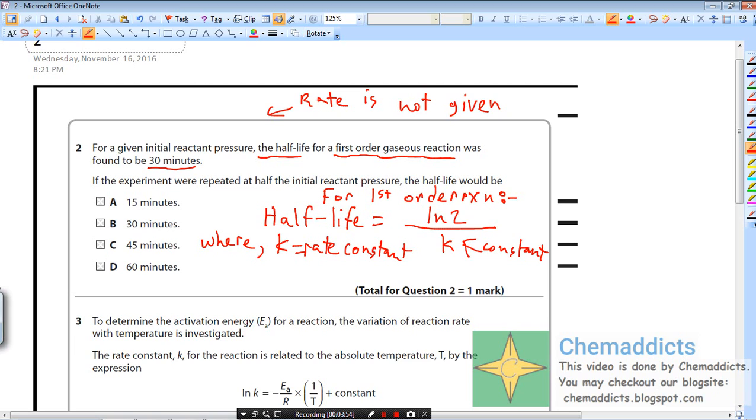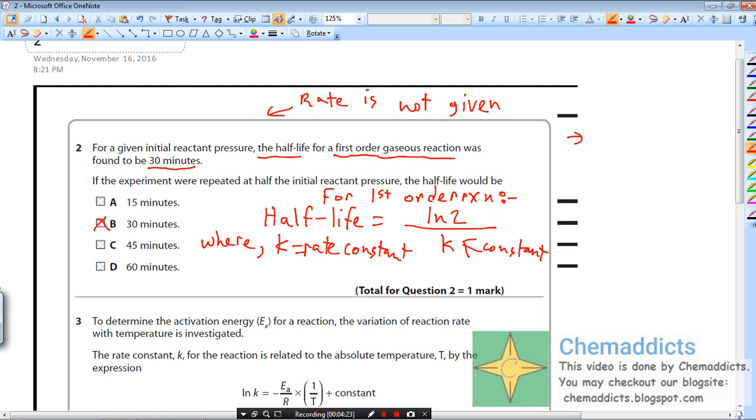The value of ln 2 is constant, and k is constant, because this is a first order reaction, so the half-life would be the same regardless of any factor. The previous half-life was 30 minutes, so here the half-life would be 30 minutes. The answer should be 30 minutes.